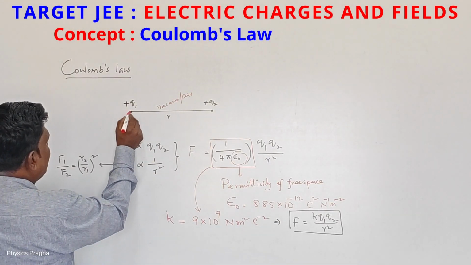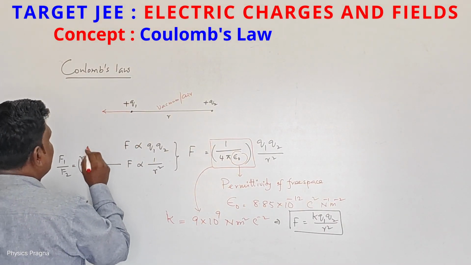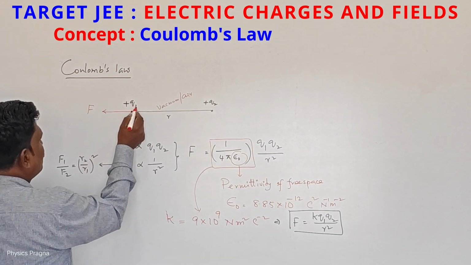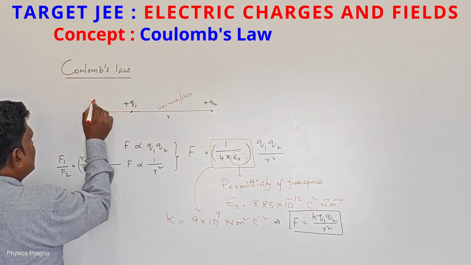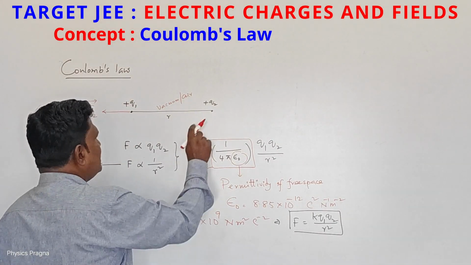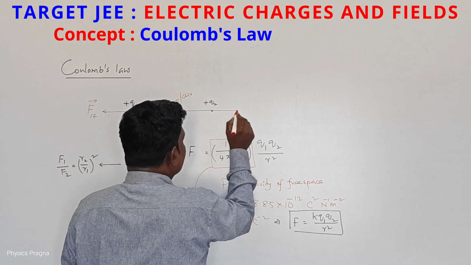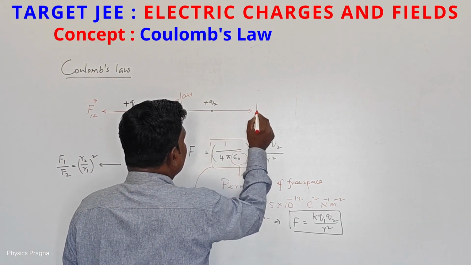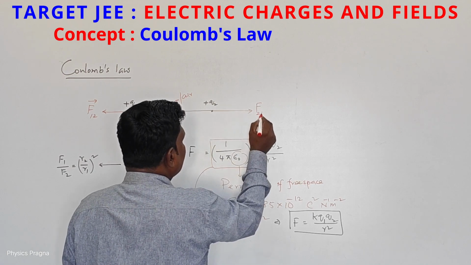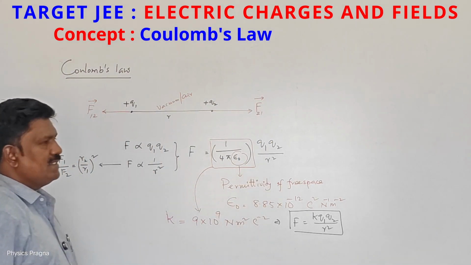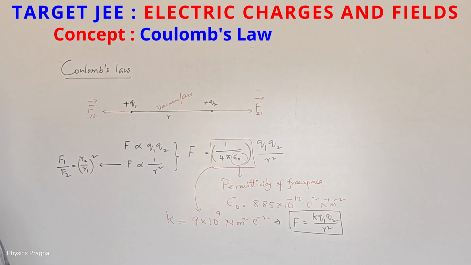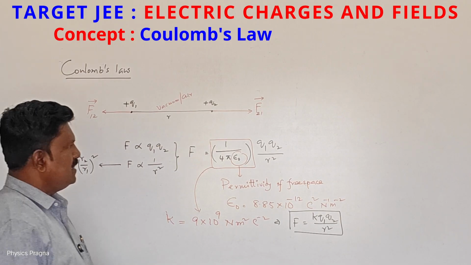This Q1 charge will be repelled in this direction. This is the force on the first charge because of the second charge. And Q2 is also repelled by this positive charge in this direction. This is the force on the second charge because of the first charge. These two forces are equal and opposite.